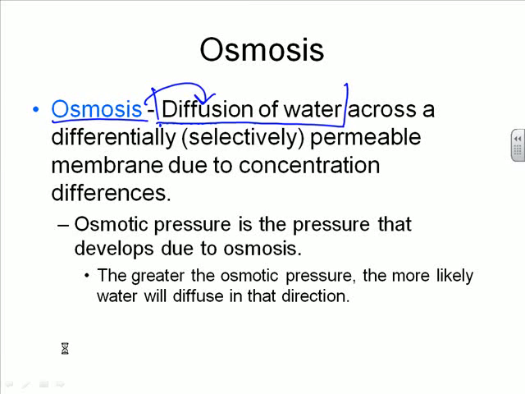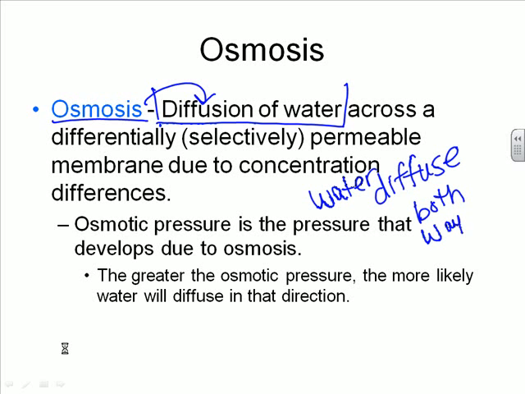Now, what makes this unique is that water can diffuse both ways, meaning water can diffuse into a cell and water can diffuse out of a cell. Regular diffusion is typically in one direction from high to low, but water can be highly concentrated outside of a cell and move into the cell, osmosis.